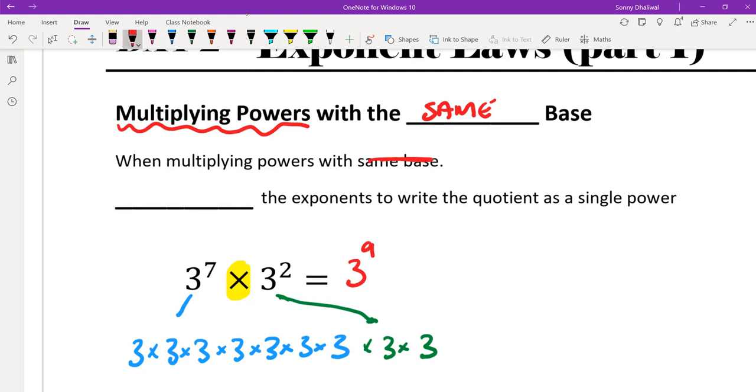Same base, we add the exponents. Okay? Then if we wanted to, we could then simplify from that point.